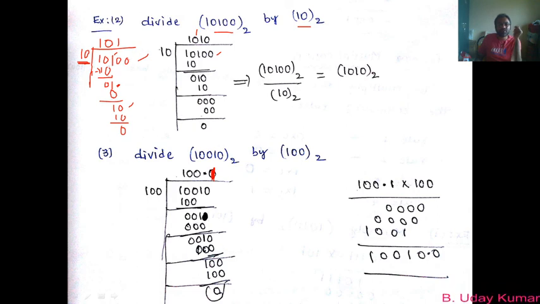Again one more digit is left here, right? So you again bring it down, and now 10 zeros are 0, and hence the final remainder will be 0. So the answer that you get here is 1010 when you divide this 10100 with 10.